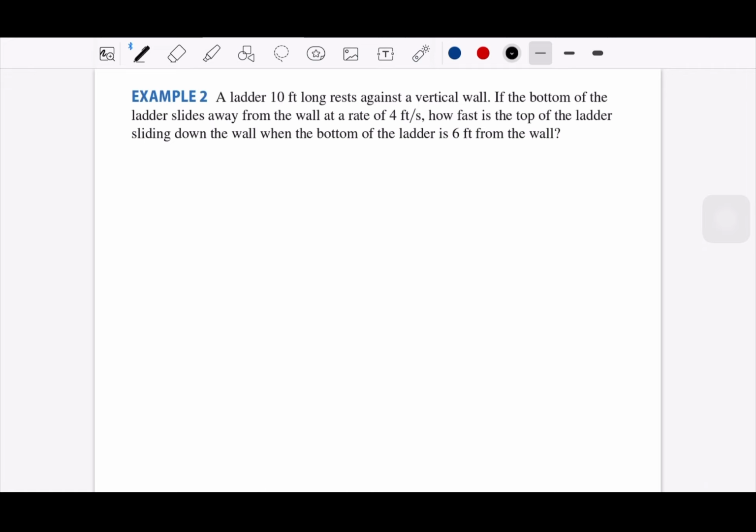So if you have a ladder, it slides away. So this bottom part you have some fixed rate, 4 feet per second. But how about this vertical side? How fast is it? To know how fast it is, maybe first we take some time to draw the diagram.